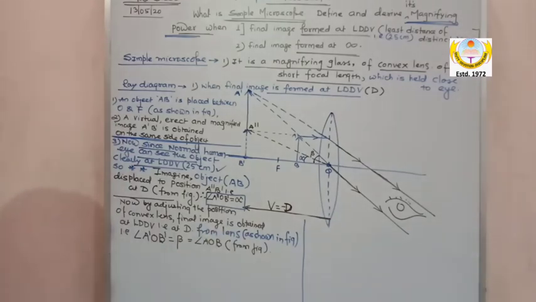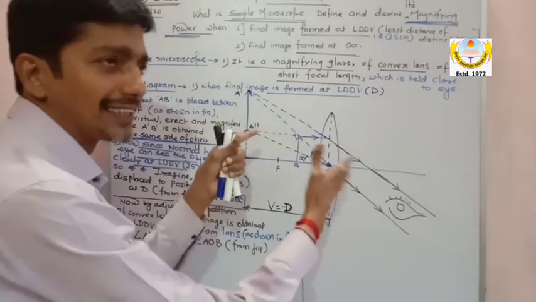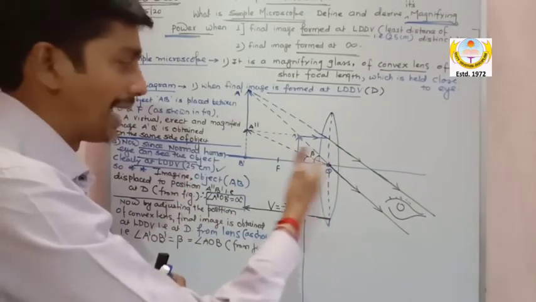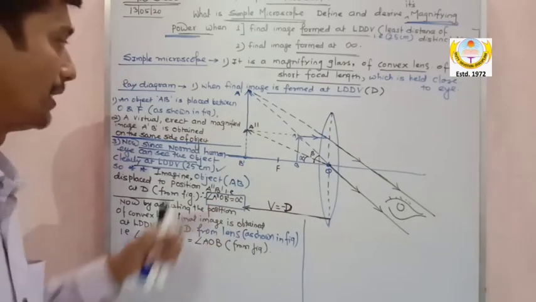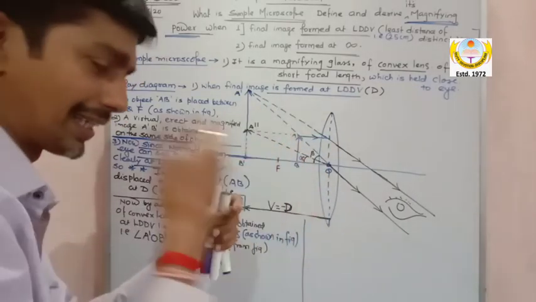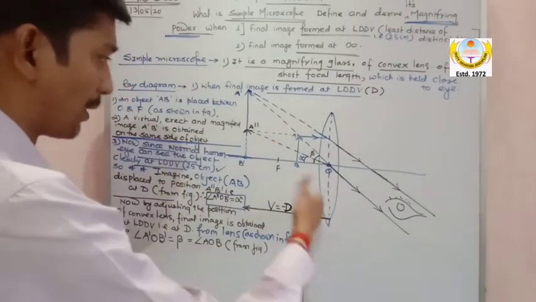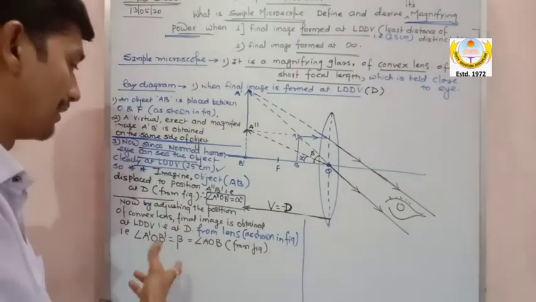After doing this, we can adjust the convex lens. Now I will adjust this convex lens, and by adjusting it we obtain the final image, which is virtual, erect and magnified, at the least distance of distinct vision.